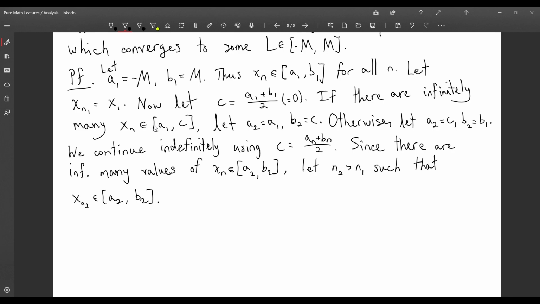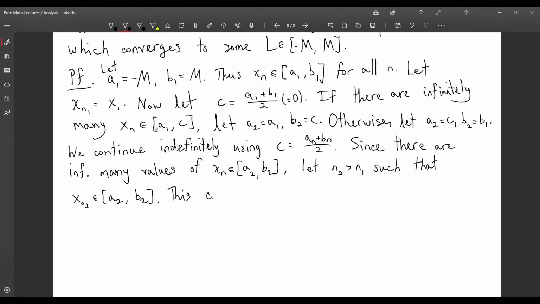And of course, n sub 1 equals 1, but we're just speaking in general. That would be a finite amount, and so by the infinitely many x sub n in this interval, we can find some n larger than our initial one. And so this is how we create our subsequence.